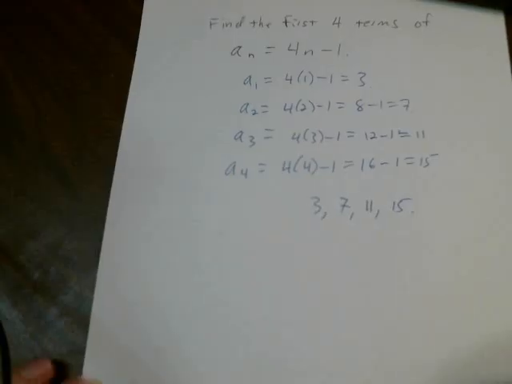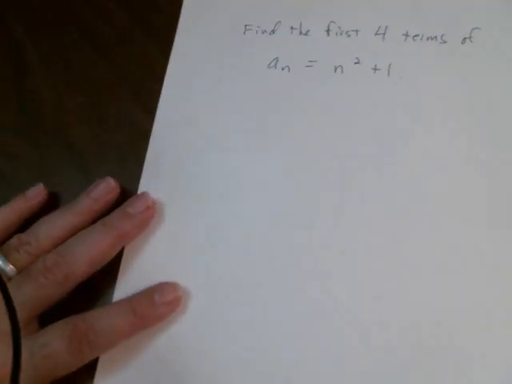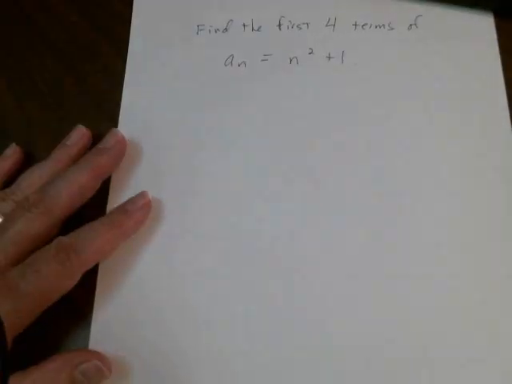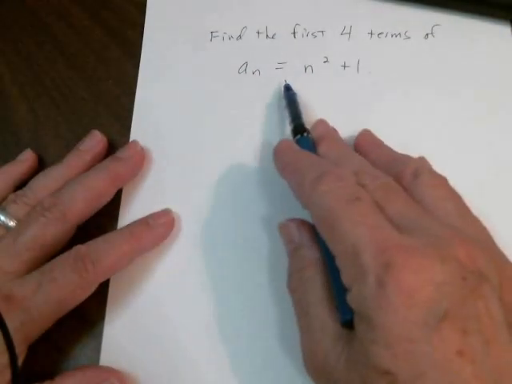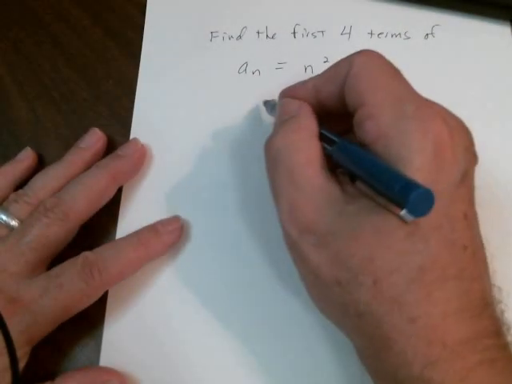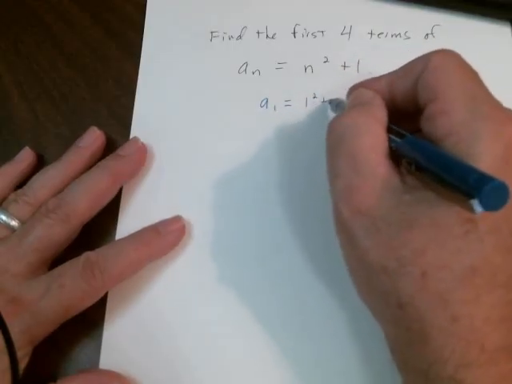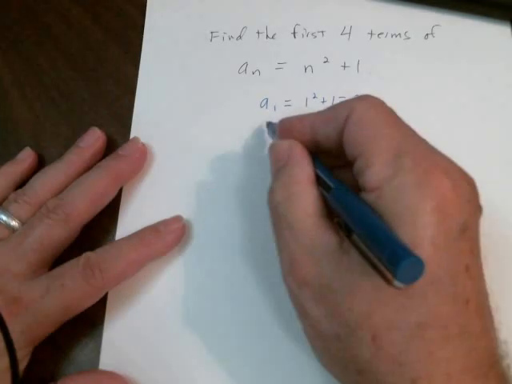All right, let's try a different example. I'm trying to get a variety of looks to these situations that will be useful to you. Find the first four terms of a sub n equals n squared plus 1. The first term, a sub 1, is 1 squared plus 1. That would be 2.